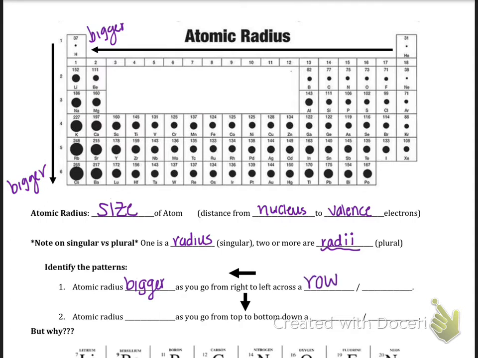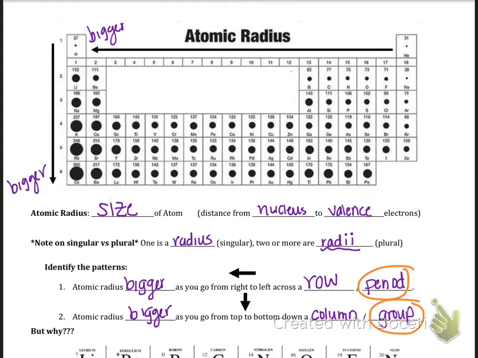Once again, in chemistry, we say that's a period. The atomic radius gets bigger as we go from top to bottom down a column. In chemistry, we say group. Make sure you always use your vocabulary words period and group. So you have to memorize that it does get bigger to the left and down.